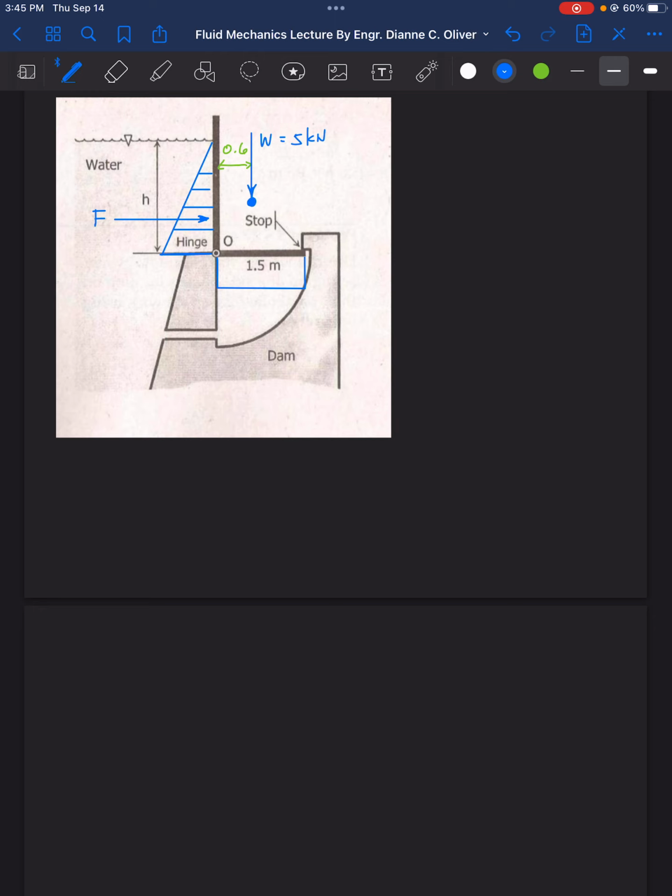Okay, so that is a uniformly distributed load. Let's name this as F1 here, and let's name this as F2.